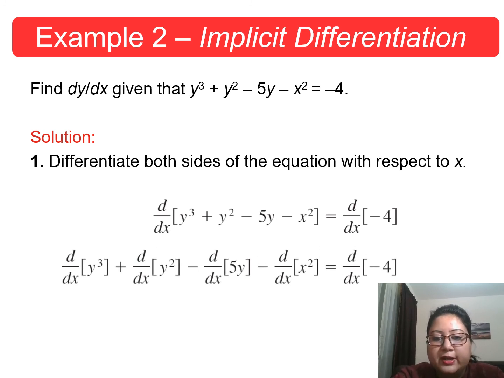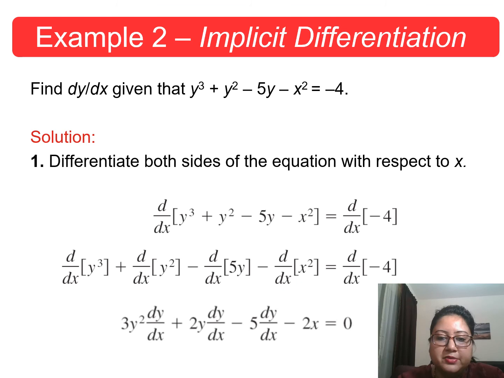On the left, you take the derivative of each of the individual terms in this polynomial and then apply the power rule, the chain rule, or the constant rule, whatever is relevant. So in the first part, d y cube by dx, you have to apply the chain rule.